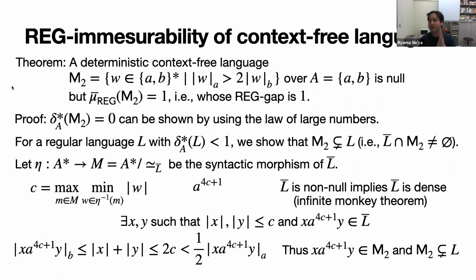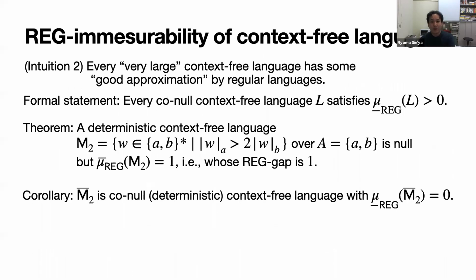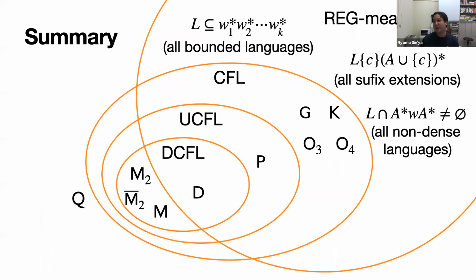So this is the proof, okay? Not very complicated. Anyway, from this theorem, we have this corollary, which is also a counterexample to my original intuition. So here is a summary of regular measurable languages and some examples of regular immeasurable languages.